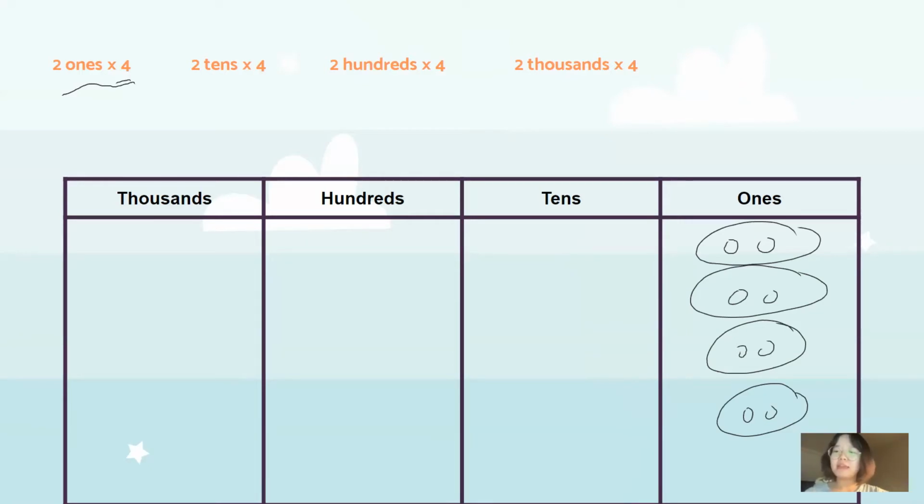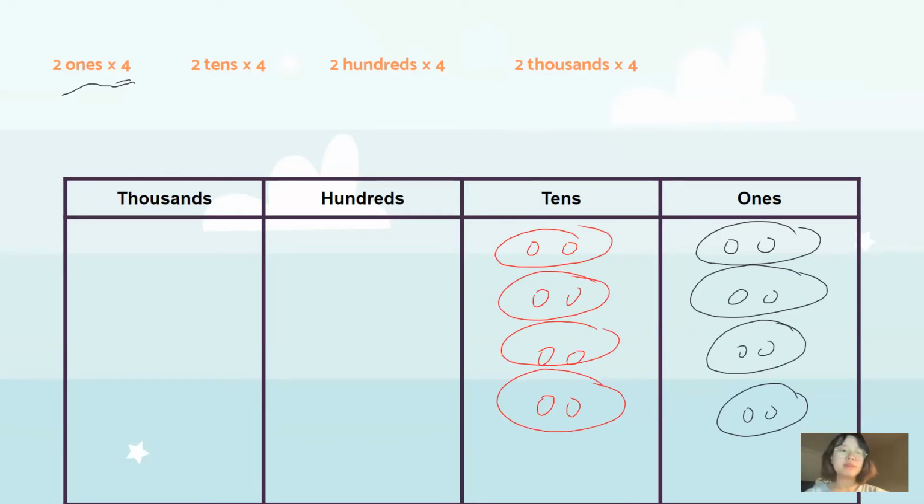And then let me use another color to represent our 2 tens times 4. So we have 2 tens and with 4 groups. 1 group, second one, third one, and fourth one. Okay. And so what is 2 times 4?